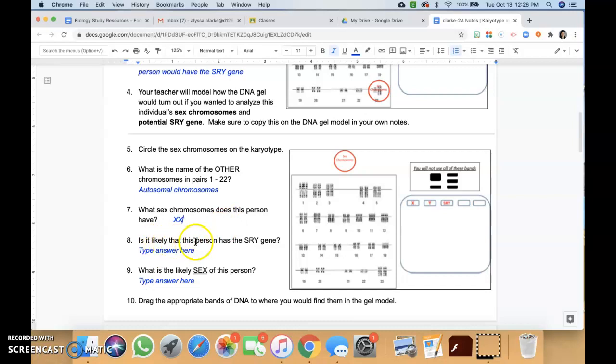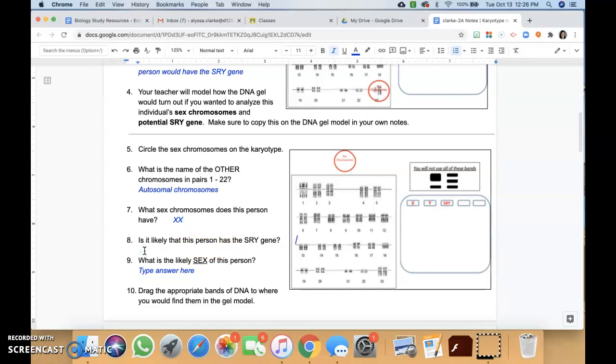Is this person likely going to have an SRY gene then? They should not have an SRY gene because they don't have a Y chromosome. So we would not expect them to have an SRY gene because, again, that gene is found only on the Y chromosome.